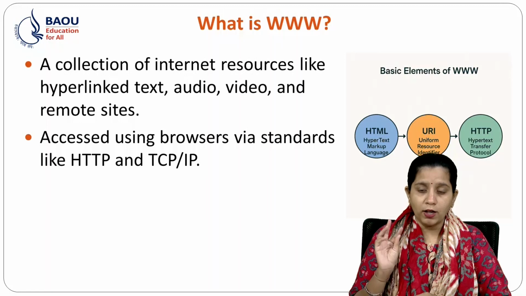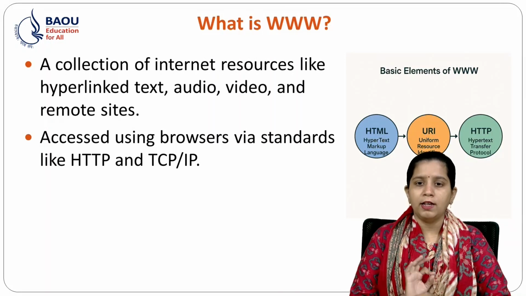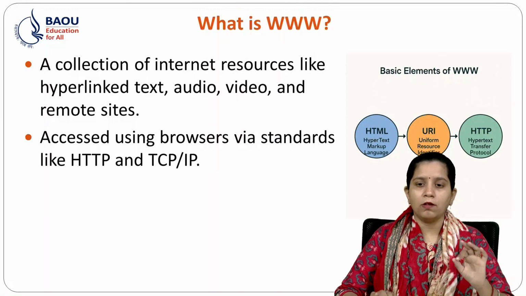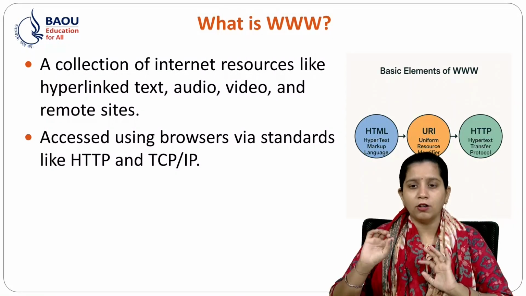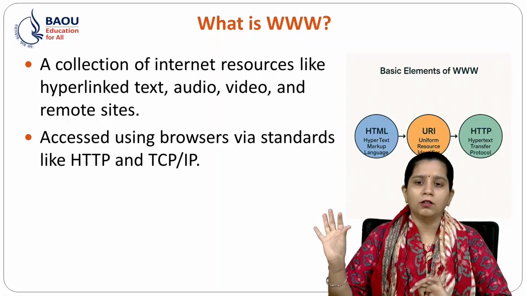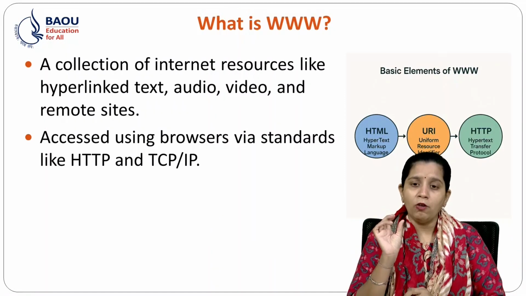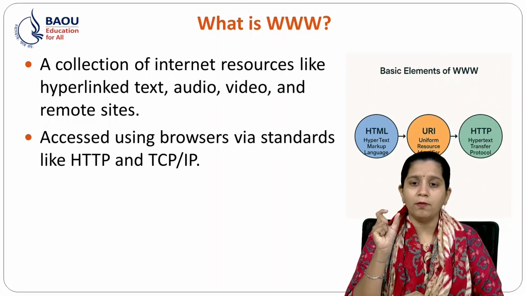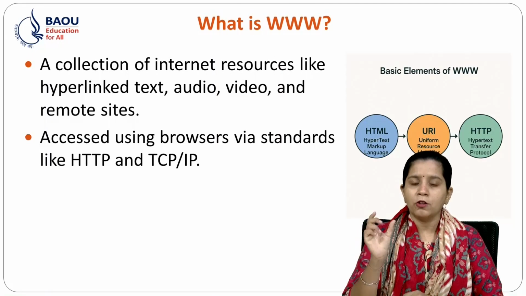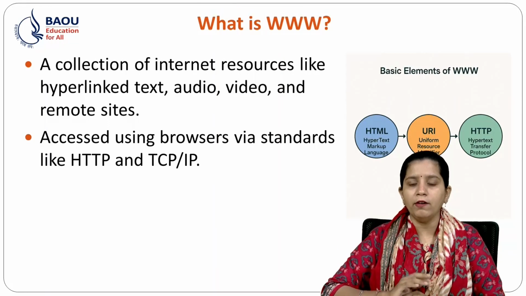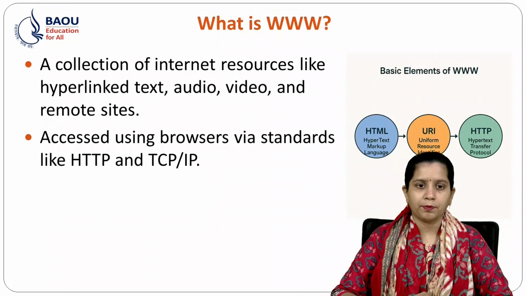We will see what HTTP is and what TCP/IP is. Whenever we write www dot something, our website name, we understand what WWW means. It is a collection of hyperlinks, text, audio, video and remote sites.